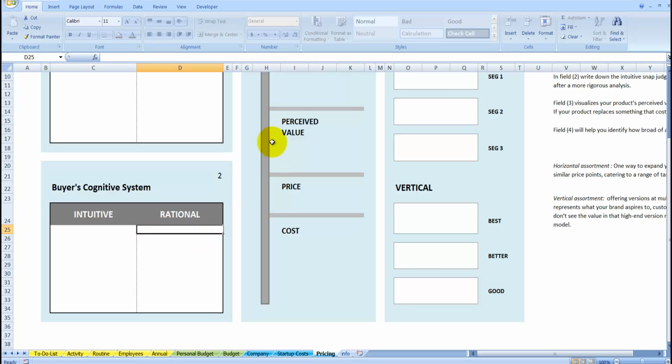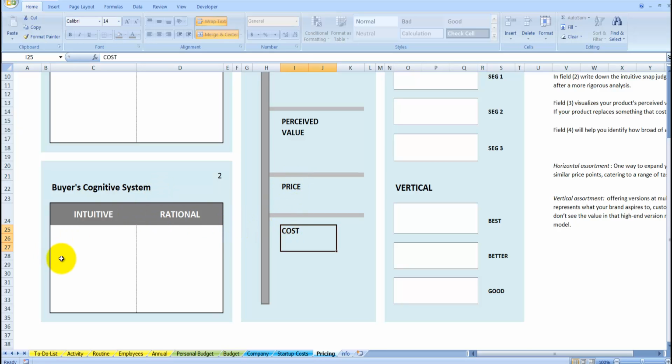Then once again your perceived value at that particular time will drop, which means that the gap between your price and the perceived value will be very small, meaning that you would have to lower your price or lower your cost, or work out this table and this graph in order to have your perceived value a bit higher, and then you will have your price and the cost.